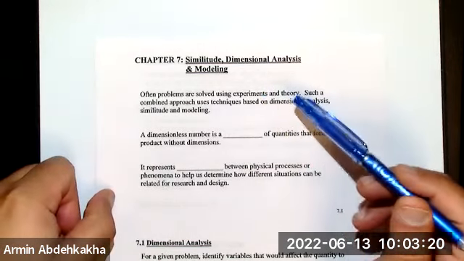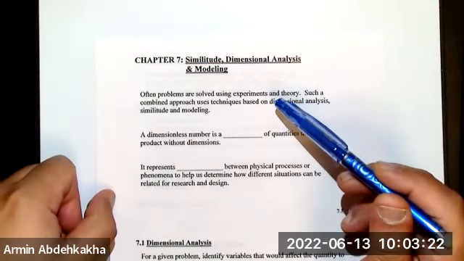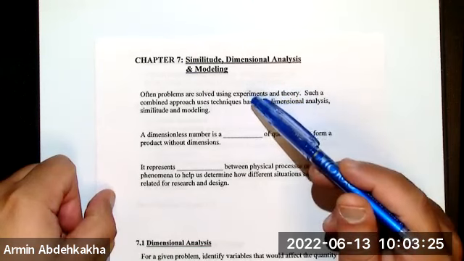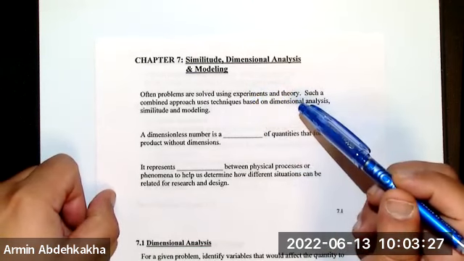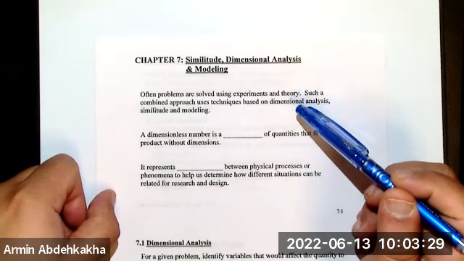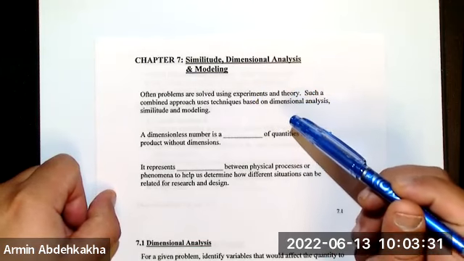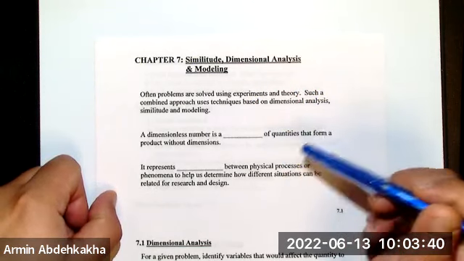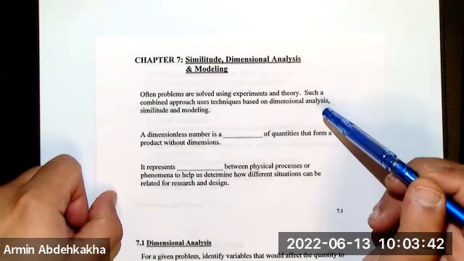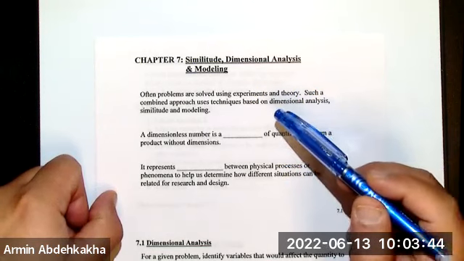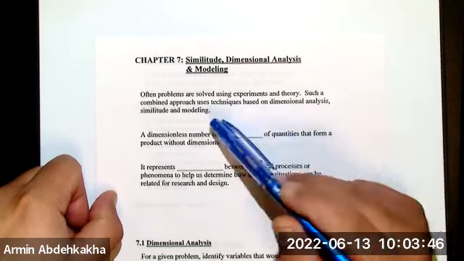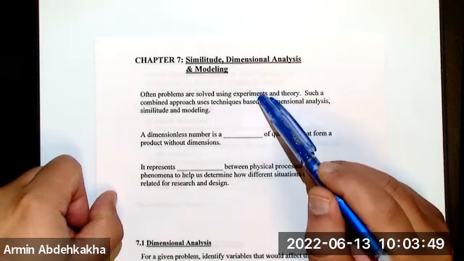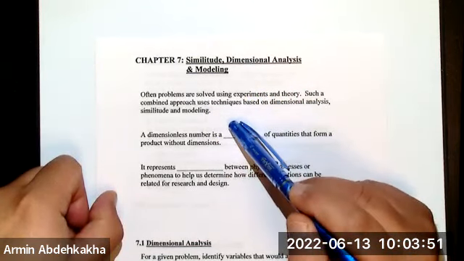What is important in the experiment is how exact your experiment is, how you can replicate the real case situation, and how confident you can be about your result. Such a combined approach uses techniques based on dimensionality, similitude, and modeling.